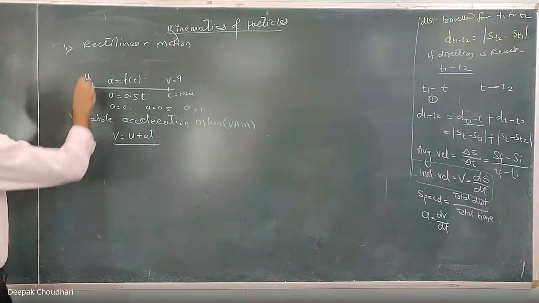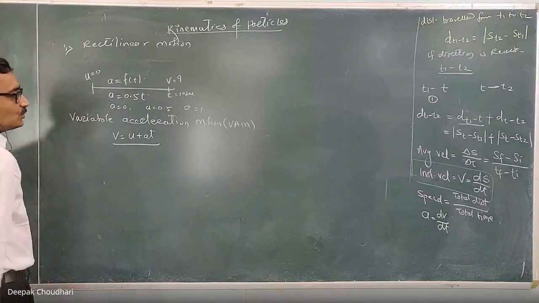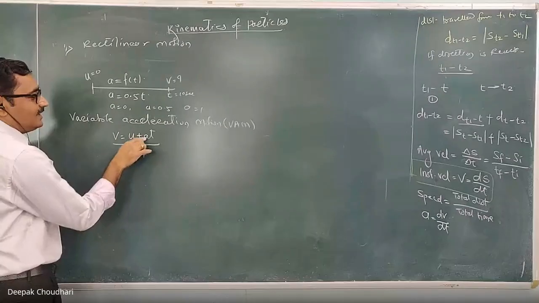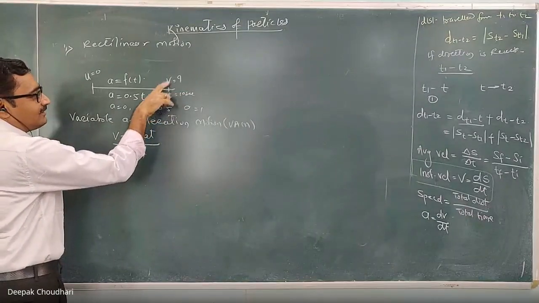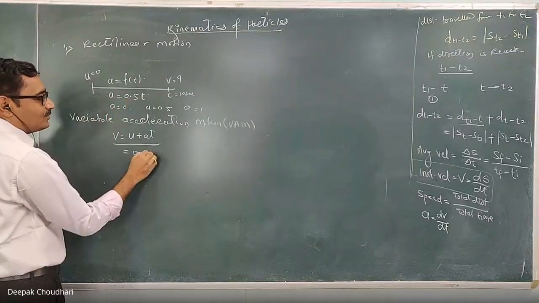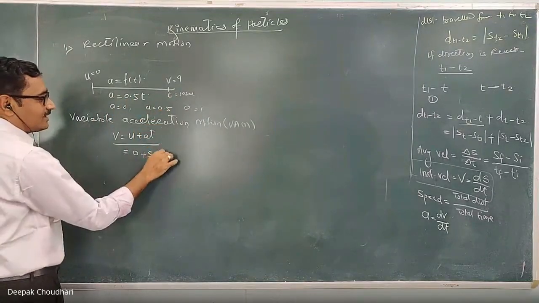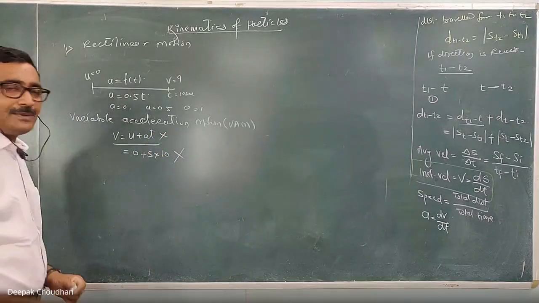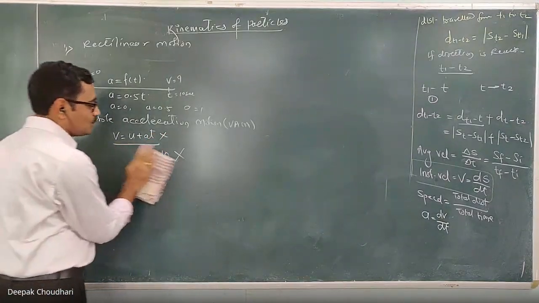If the particle starts from rest, u equal to 0, and we substitute t equal to 10, the acceleration becomes 5. So you cannot use it like this. In fact, this formula is not applicable at all for variable acceleration motion.